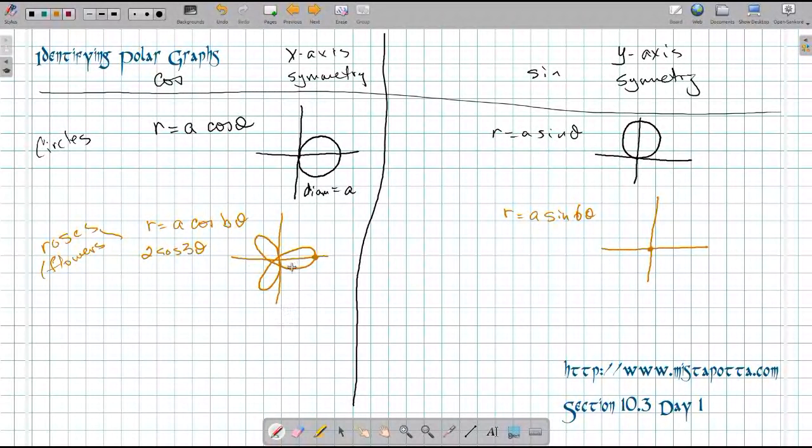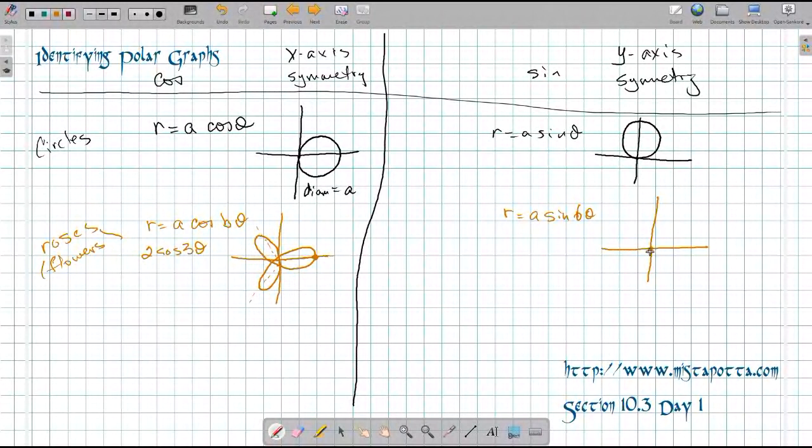In other words, the axes here are at theta equals 0, theta equals 2 pi over 3, and theta equals 4 pi over 3.